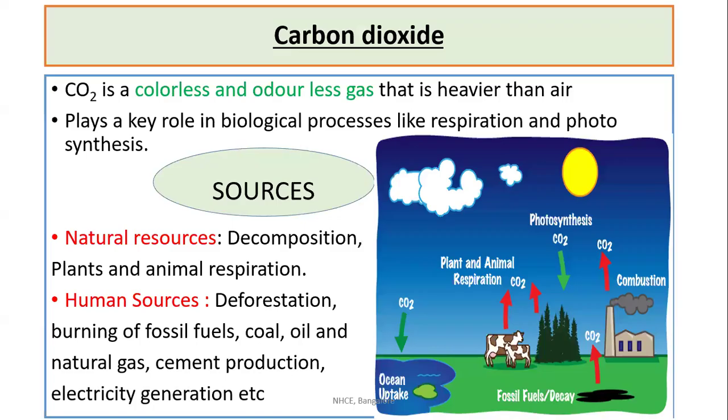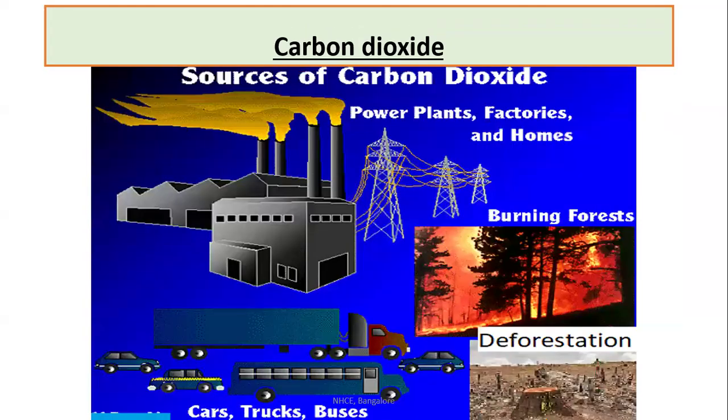Another important pollutant we are going to discuss in today's class is carbon dioxide. You already know the different sources. There are natural sources of carbon dioxide, like decomposition and plant and animal respiration. Human, man-made sources include deforestation, burning of fossil fuels like coal, oil, and natural gas, cement production, and electricity generation.